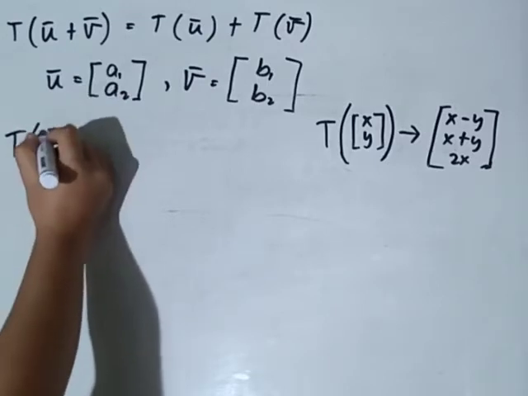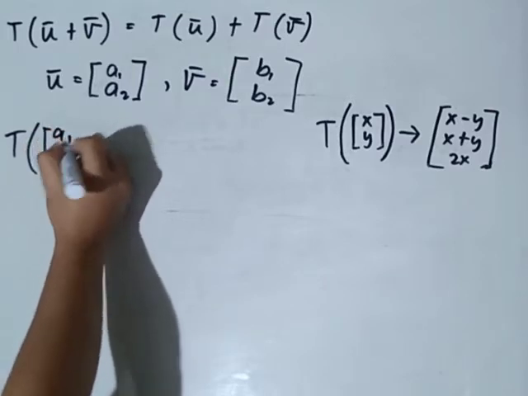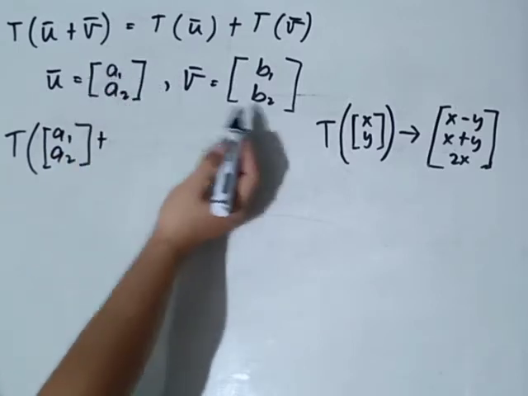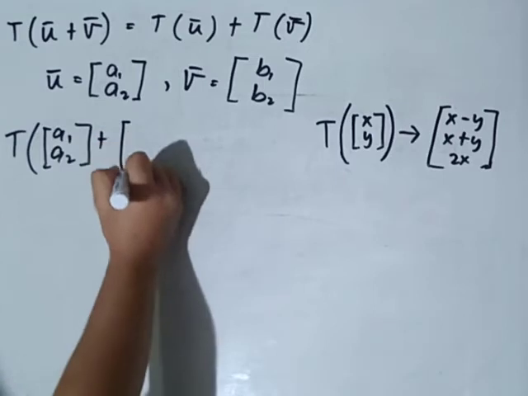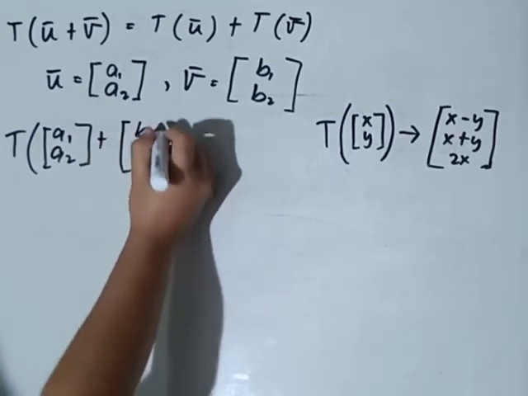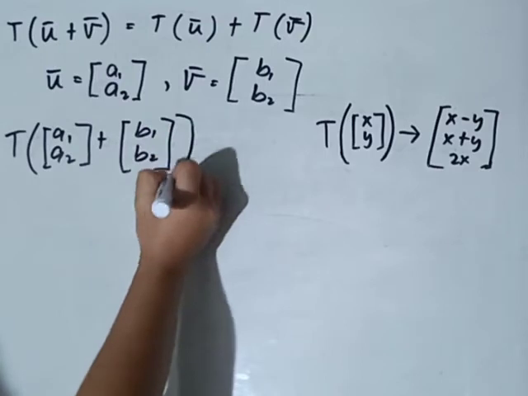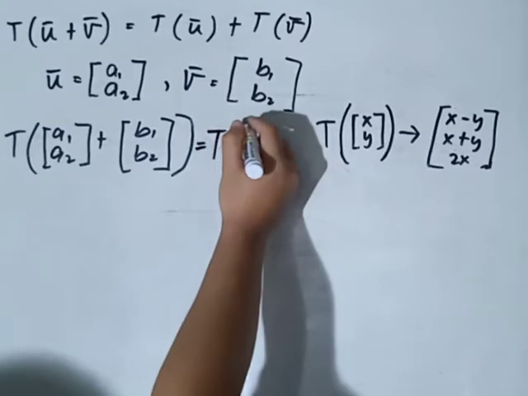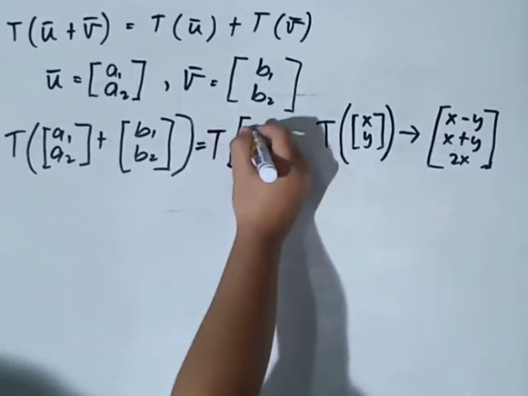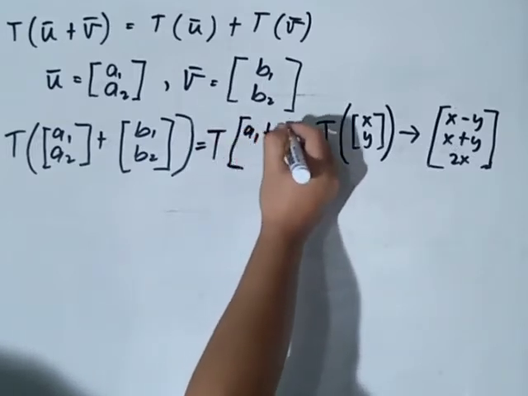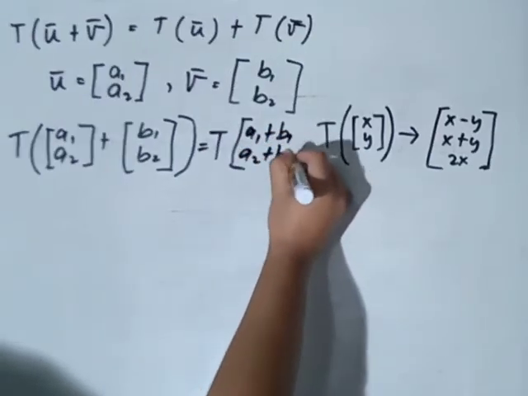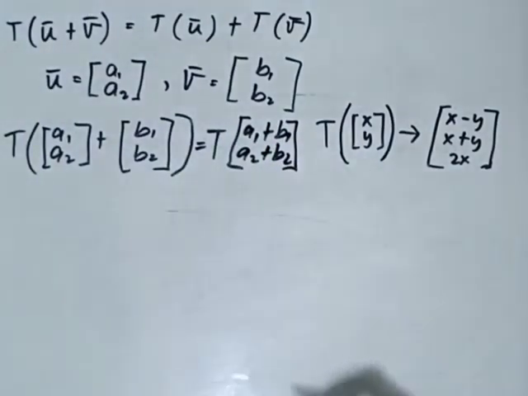Our u here is a sub 1, a sub 2, plus our v, that is b sub 1, b sub 2, which is also the same as the transformation of a sub 1 plus b sub 1, a sub 2 plus b sub 2.